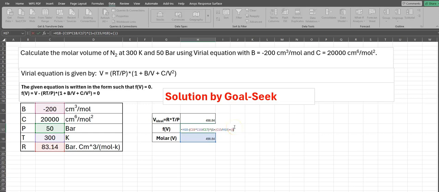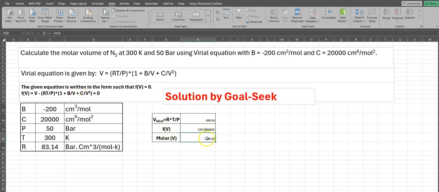So I am using first bracket again, and then I put C divided by V square. Now using that ideal volume, I am calculating f(V). So the f(V) is this. Now my target is to find such a molar volume so that f(V) will be 0, and that V will be my molar volume.